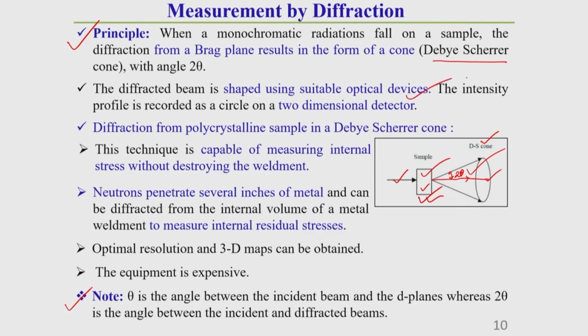The intensity profile is recorded as a circle on a 2-dimensional detector. What I told you earlier, here we used a 2-dimensional plane, so in this 2-dimensional plane we can record the intensity profile.